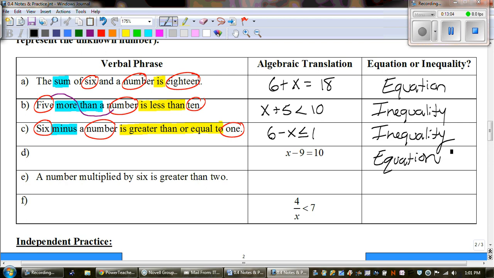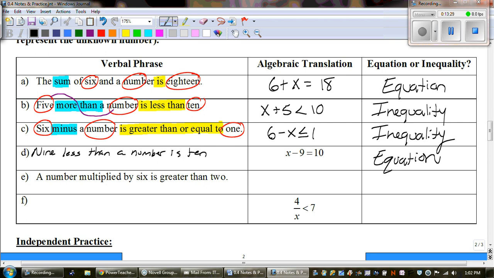Okay. And now we get to write that out however we want to. All right, I'm going to say 9 less than a number is 10.